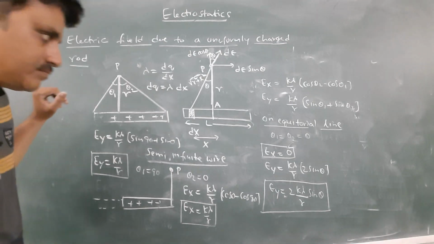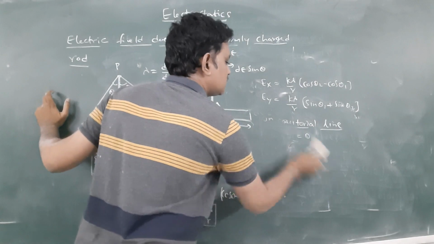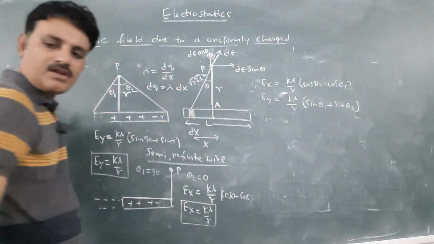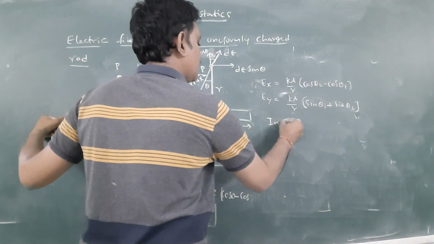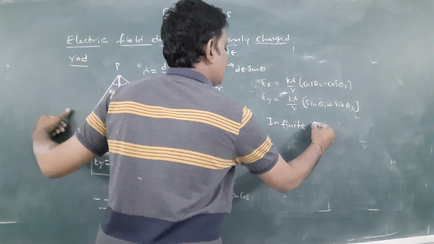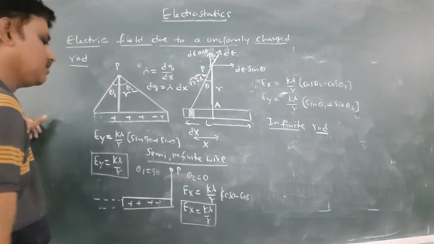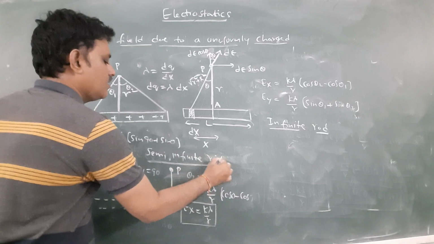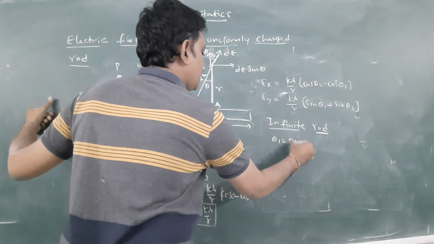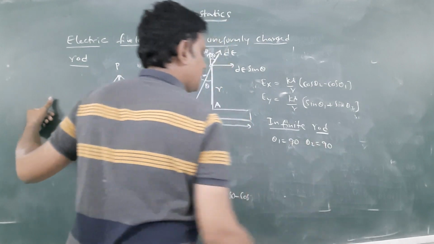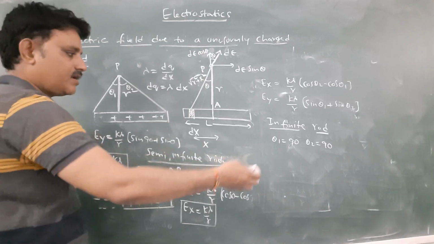In case of an infinite wire, suppose you take an infinite charged rod. In this case theta 1 is equal to 90 and theta 2 is also 90, because the rod has infinite length on both edges.